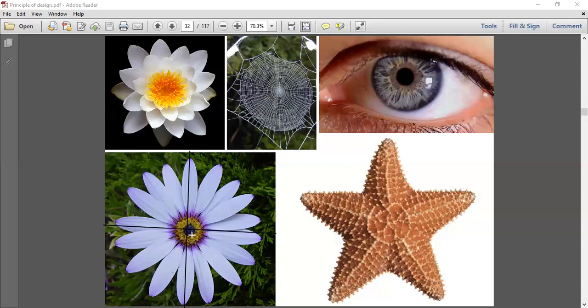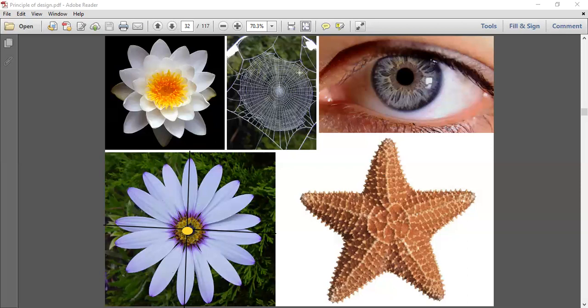So in a radial balance, you can run an axis. If this is the central point, so in a radial balance, this is the central point. Let me clear this. So this is the central point along which the axis is running.